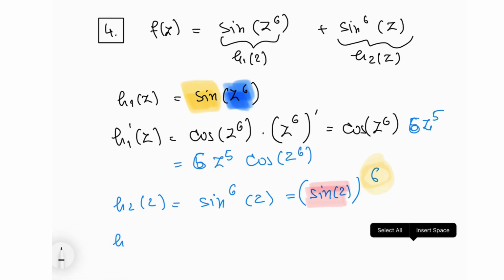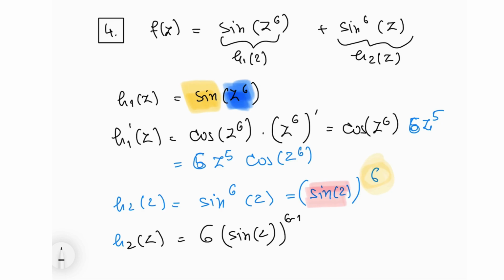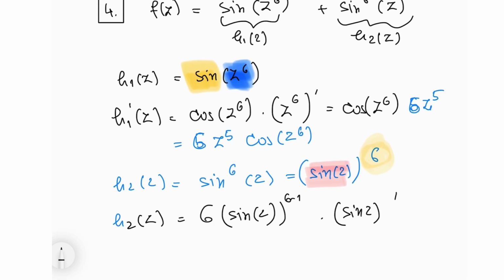So h2 prime of z is 6 times sine z to the power 6 minus 1 times sine z prime, and that is 6 sine to the power 5 z times cosine z.